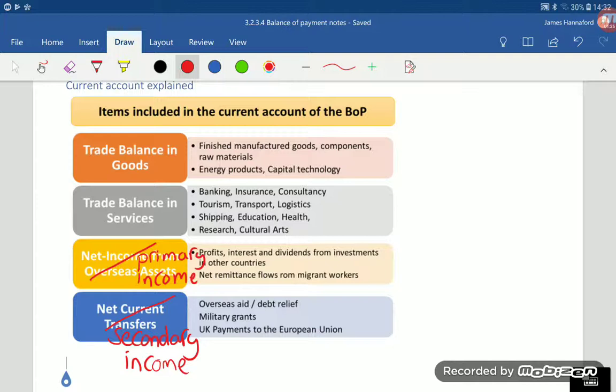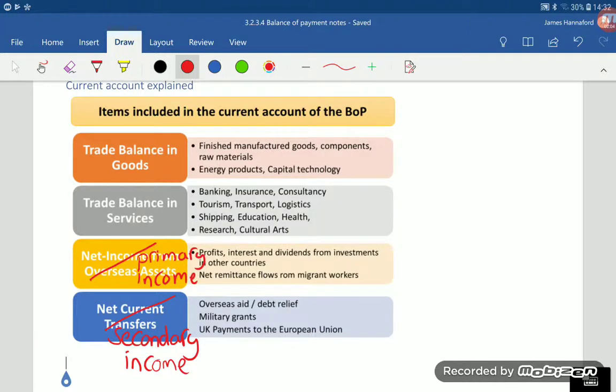So if a UK worker is working abroad in, say, the United States, when they send their income back to the United Kingdom, or they send money to relatives in the United Kingdom, this will show up as a remittance. In addition, we have secondary income. Secondary income in old money would have been called current transfers.